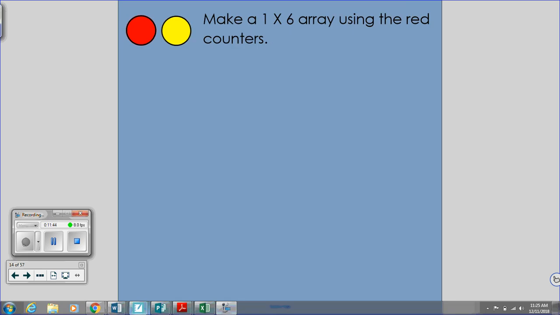I want you to make a 1 by 6 array. A 1 group of 6. 1 by 6, with your red counters. I want specifically red. 1 by 6.